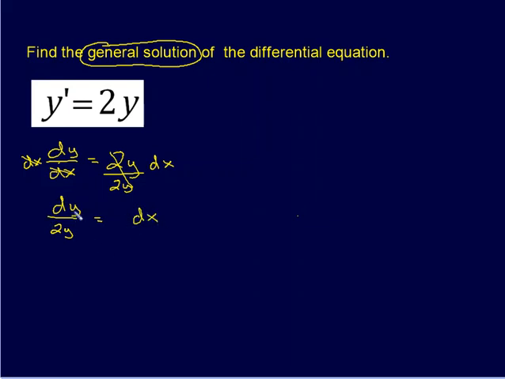However, I think the next step where it's going to be integrated, it's actually going to end up being a lot easier if you had left the 2 over on the right. Okay, it works either way, but I would like to leave it there. So I'm not going to divide by 2y, I'm only going to divide by the y. Okay, so that brings y over to there. So now my separated equation is dy over y equals 2 dx.